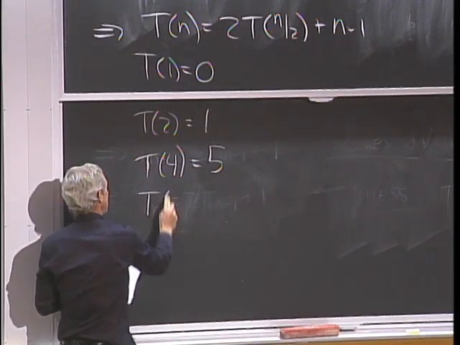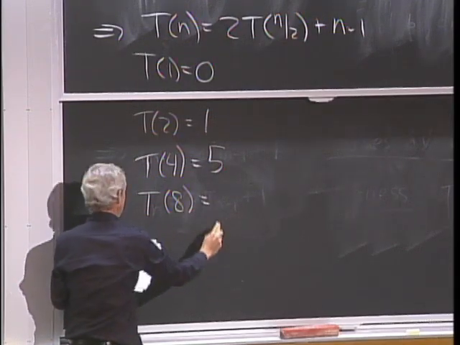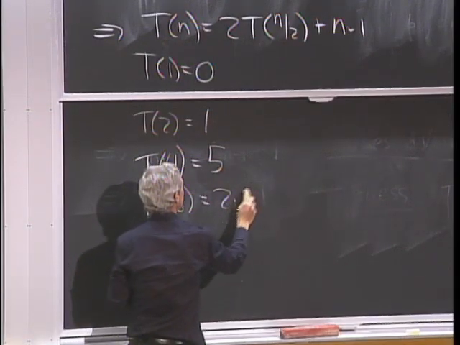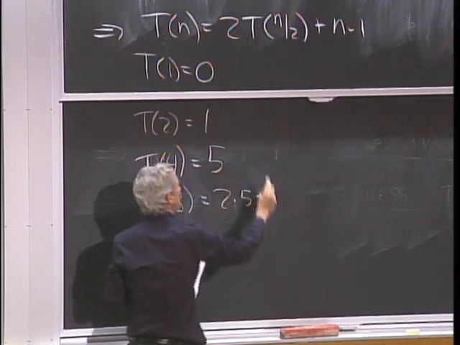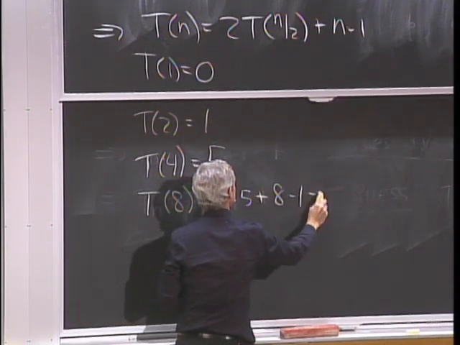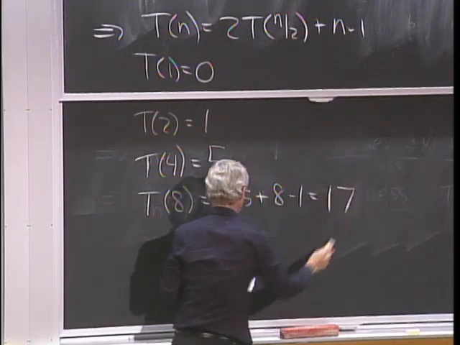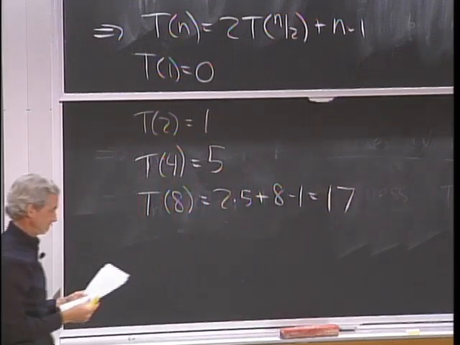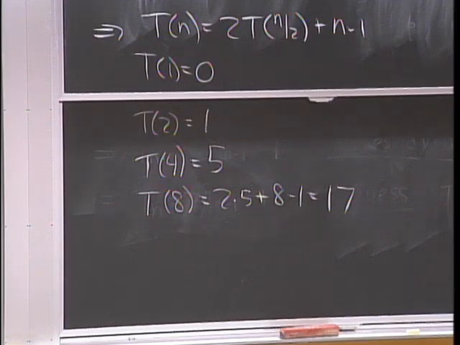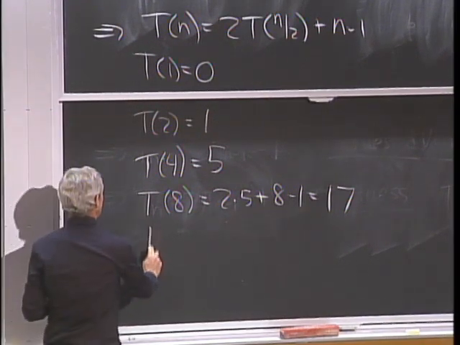All right, let's look at T(8). That's twice 5 plus 8 minus 1, 17. Not so clear what to guess here. Now we can try one more.